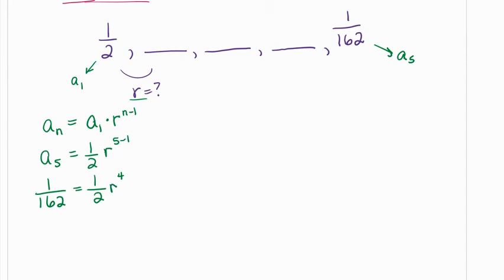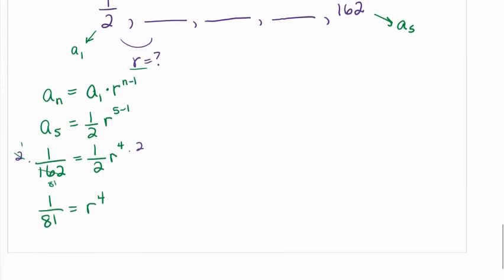Okay, so then to solve for r, to get rid of that 1/2, I can multiply both sides by 2, right? So then if I reduce these, that'd be a 1 and 81. So I get 1 over 81. And then the 1/2 and the 2 would cancel out. That would equal r to the 4th power. Then to get r, we're going to take the 4th root of each side, right?